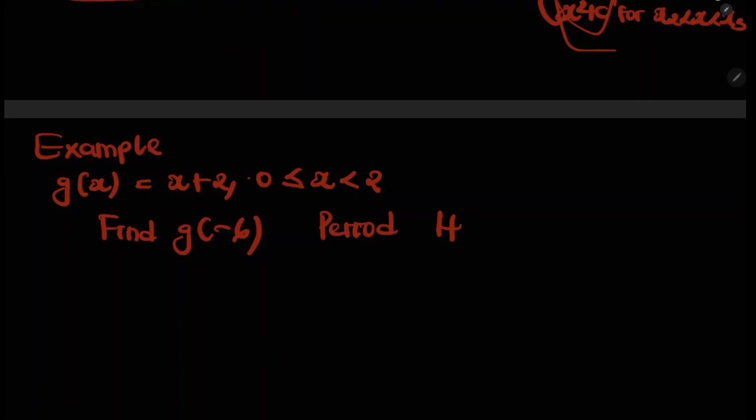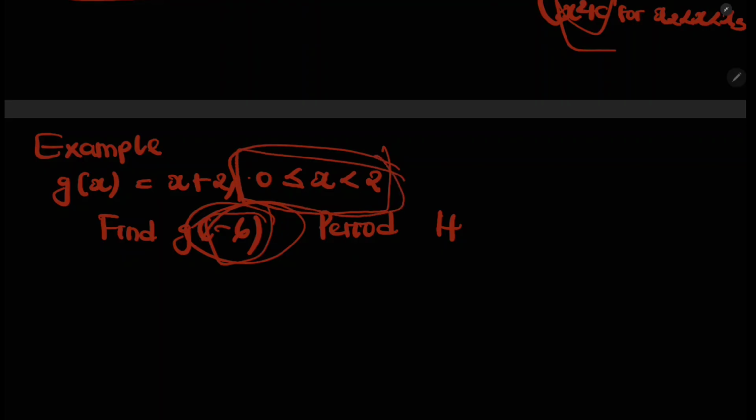So here we have minus 6. But let's check in this range. This ranges from x greater than or equal to 0 to x less than 2. Here we have minus 6. If we notice, minus 6 is not in this range.